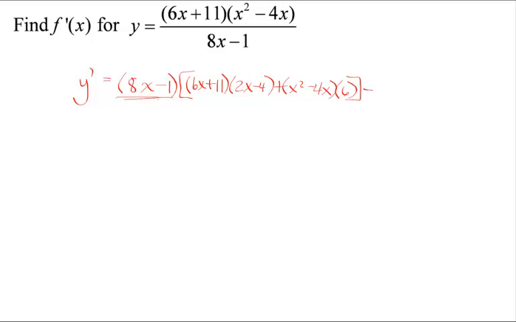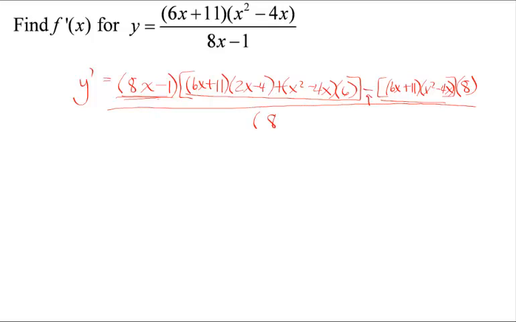Now it's minus top, copied down just as they gave it to me, so bottom d top minus top d bottom, all over bottom squared. There is the derivative for the original function y.